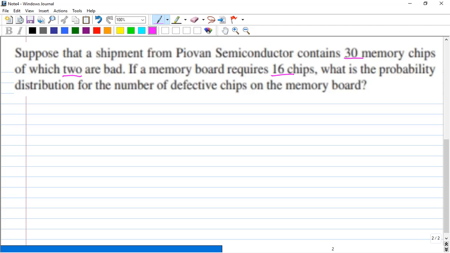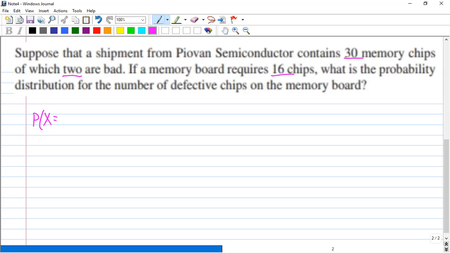All right, so first thing we need to do is define all of our variables. That way, when we start plugging them into our formulas, it'll be a lot easier to work out. Capital X, we always want to do something like this, the probability that X equals. Well, what are we looking for?